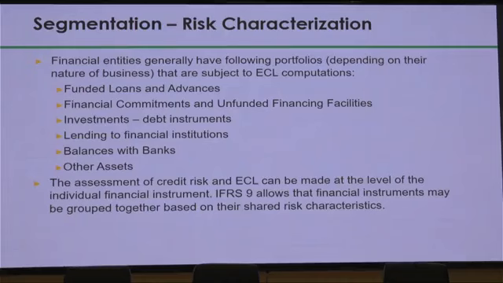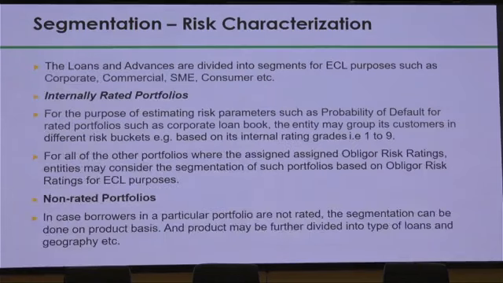So how we can do the segmentation in case of bank? Banks have internal mechanisms to rate their customers, like obligor risk rating. So you can do segmentation based on that. First, you will do broad segmentation like corporate portfolio, commercial portfolio, consumer portfolio.